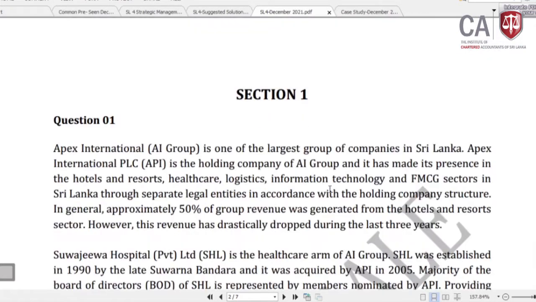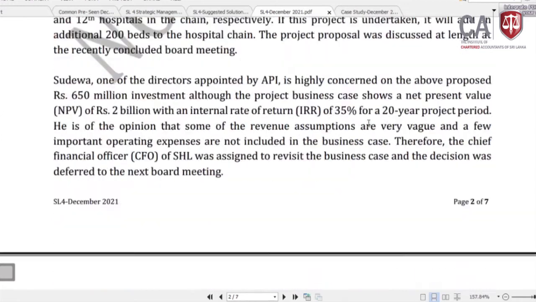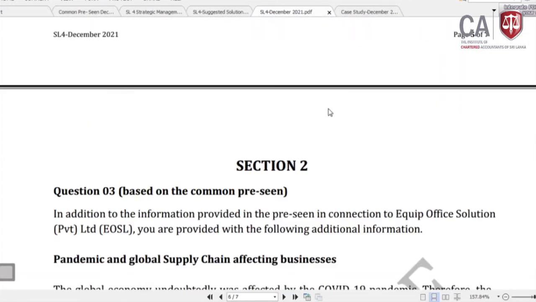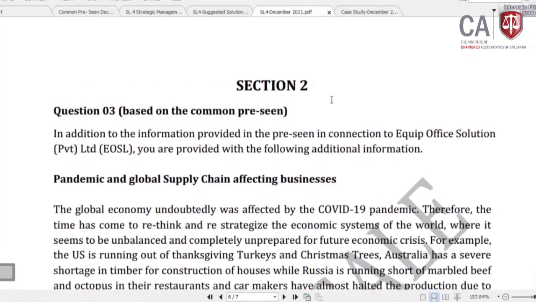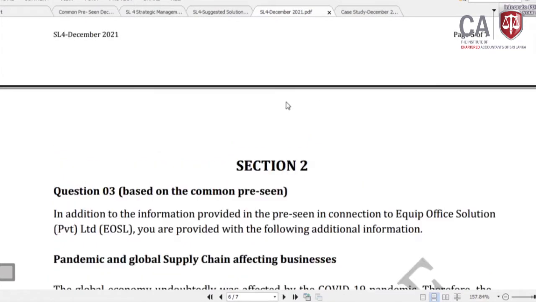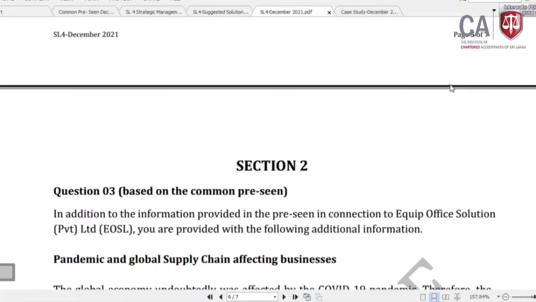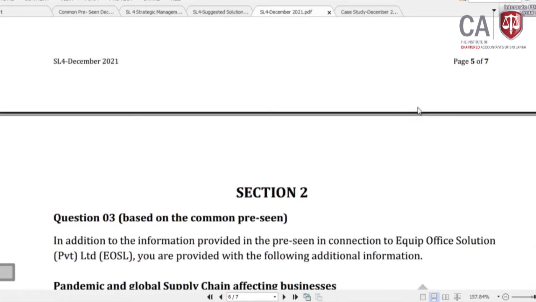I have told you that there are two sections, Section 1 and Section 2. Section 1 is based on the theory you have learned, and 2 questions are covered within Section 1. Each question carries 25 marks.